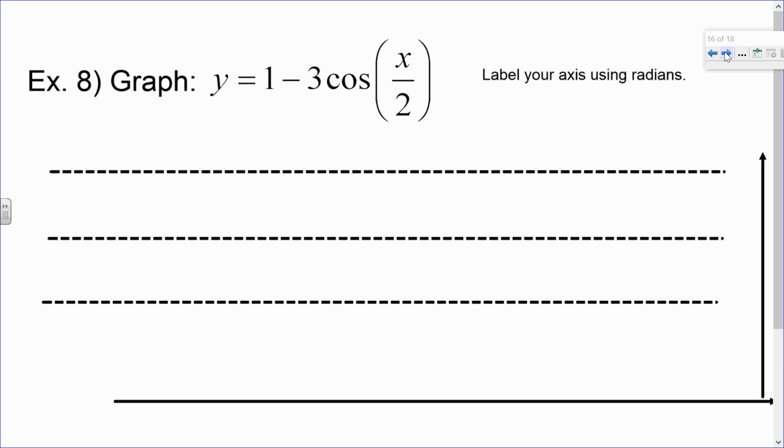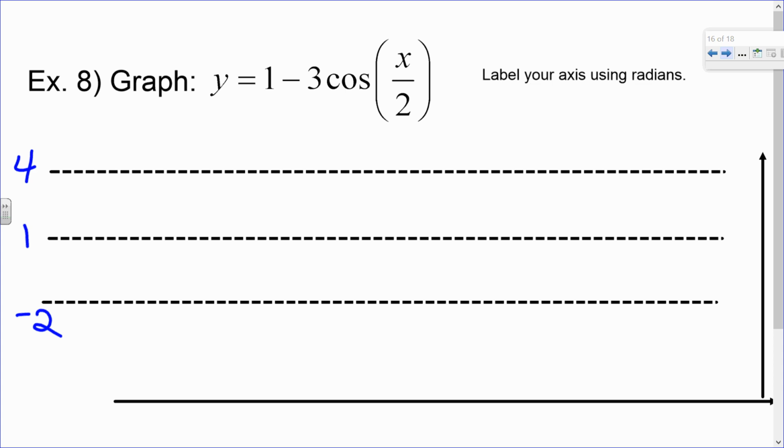What is the center line? 1, so we can label that as 1. What is the amplitude? 3, so we can go 3 above, that's got to be 4. 3 below, that needs to be -2.